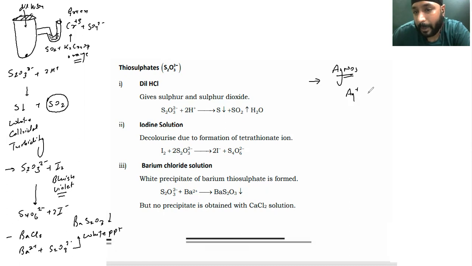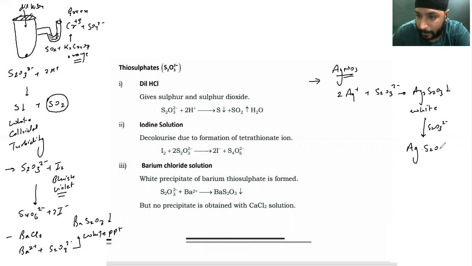First, Ag plus will react with thiosulfate, and I'll get a white PPT of Ag2S2O3. So I'll be getting a white PPT here, which on further addition of thiosulfate will form a soluble complex, which is used in developing films in photography also. I'm just giving extra information over here so that you remember that properly. It'll become soluble.